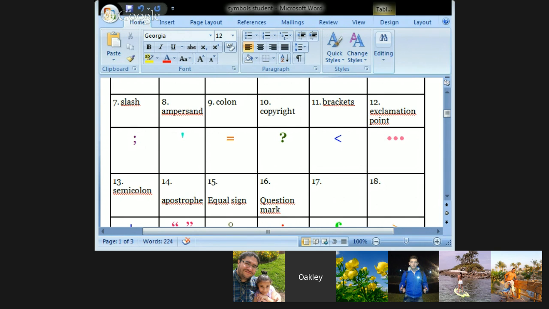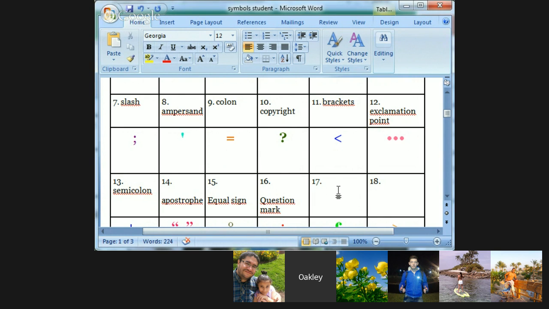I don't know the name. Okay, well, what does it do? Do you know what it does? It shows that something is bigger than something else. The first one is smaller than the second. That's right. So if we have to give it a name, we can say less than.